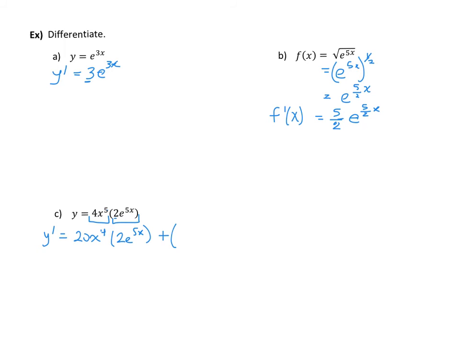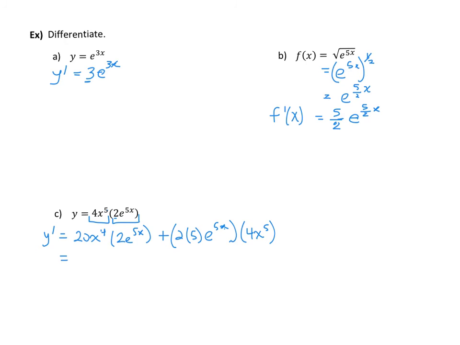We have the original 2, which is just a multiple, so it's still going to be there. The derivative of the exponent 5x would just be the 5, and then we would have that multiplying the original e to the f of x, which is e to the 5x. The derivative of the second times the first.